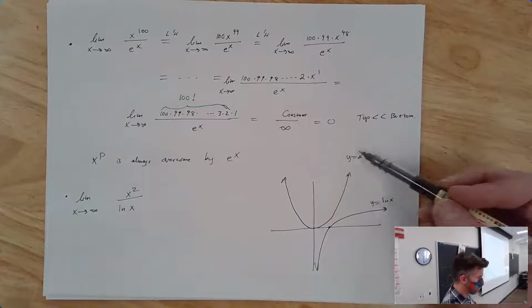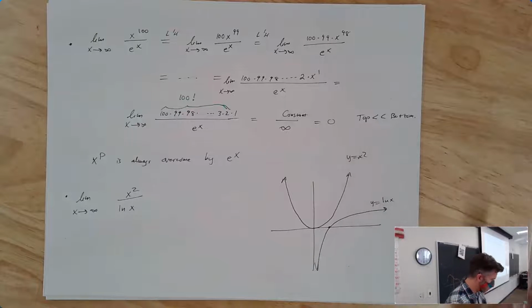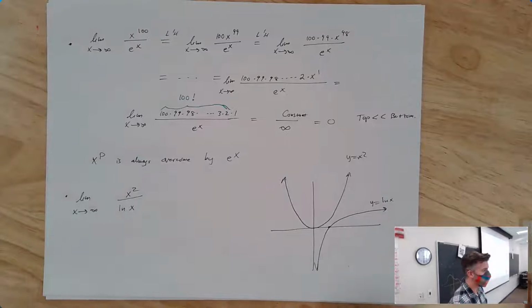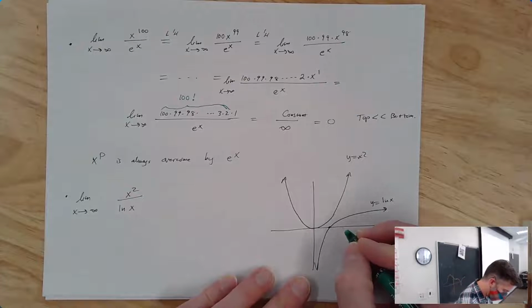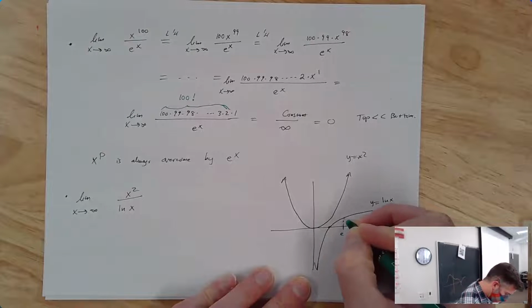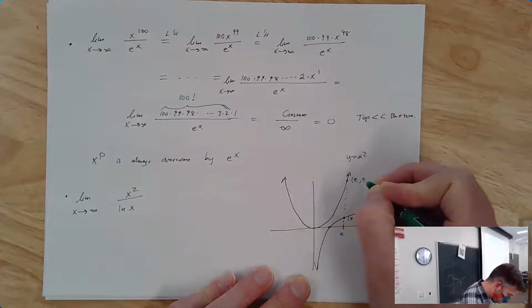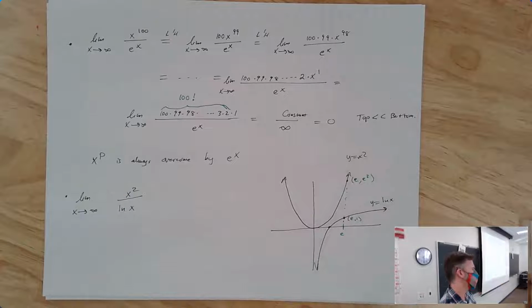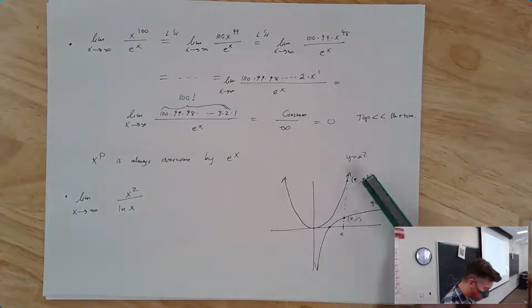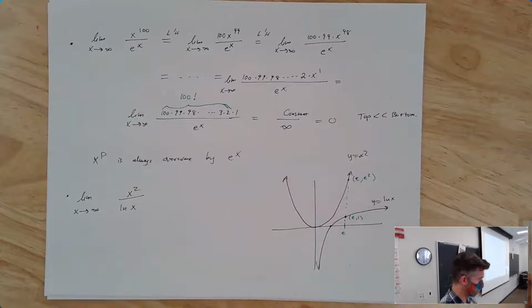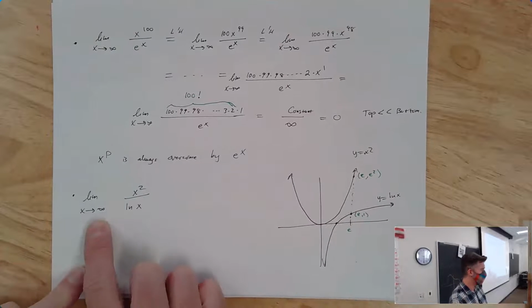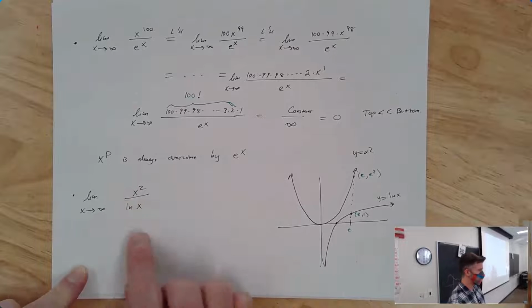If we plugged in e just for fun, the y value there is 1. The y value there is e squared, which is close to 8. And e squared divided by 1 is e squared, close to 8. So even not that big, this limit is already having largish values.